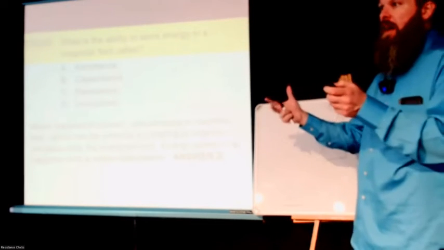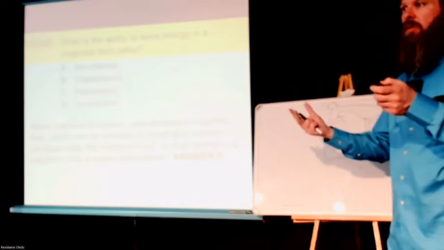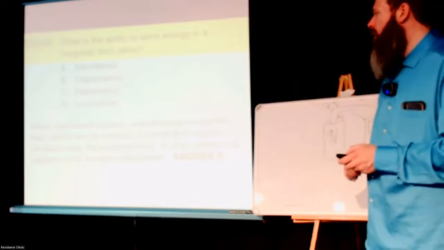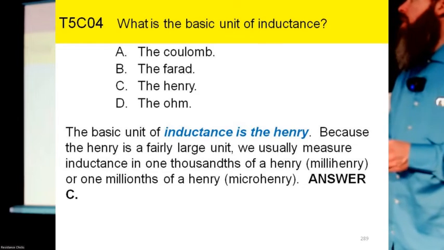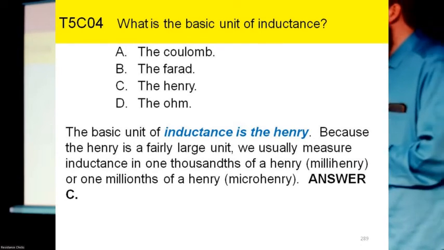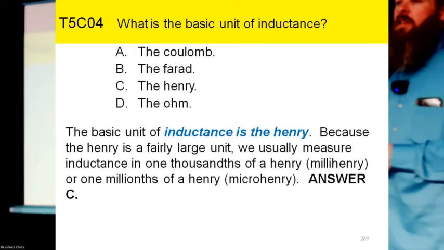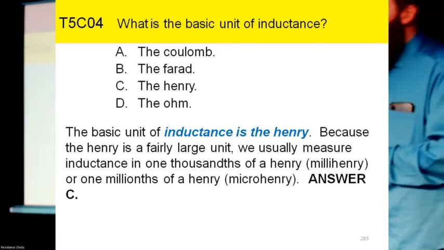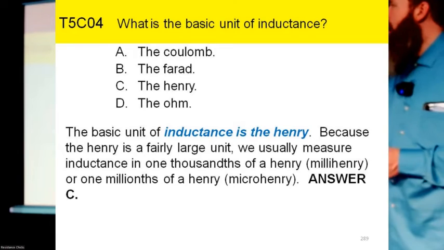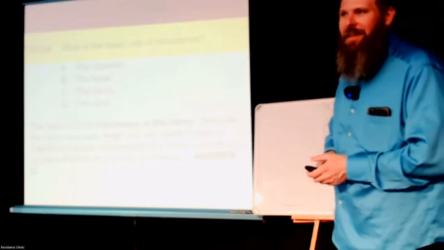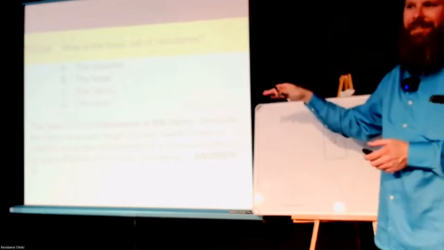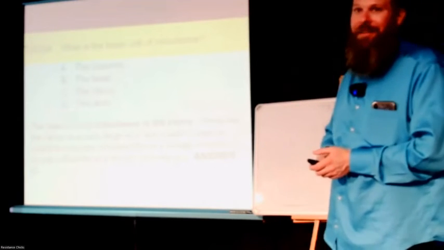That's its measurement of how efficient or the size of that inductor is. What is the basic unit of inductance? I mean, voltage was volts and current is amps. Well, inductance is the Henry. There's probably because somebody who figured this out hundreds of years ago is named Henry. I don't know.